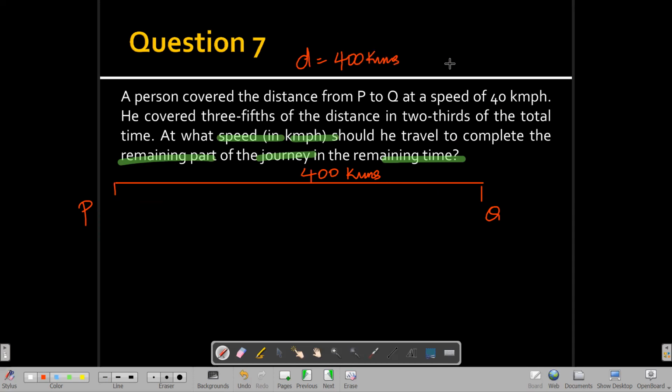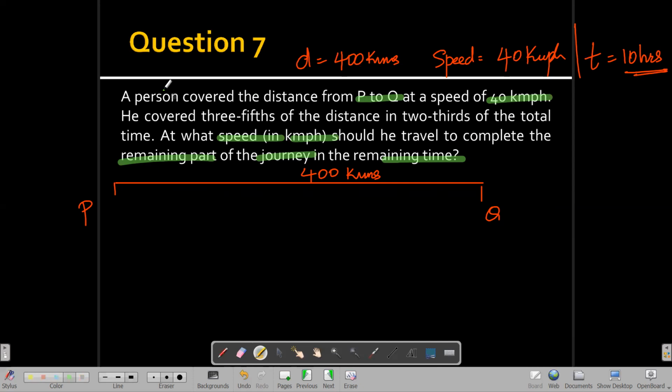The speed with which this 400 kilometers is covered is given to be 40 kilometers per hour. So the time is equal to distance by speed, that is 10 hours. Okay, so you got the time in this case as 10 hours.